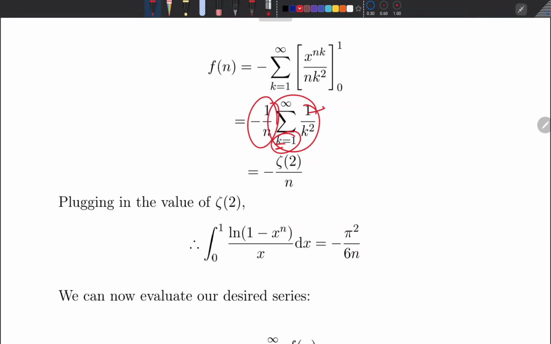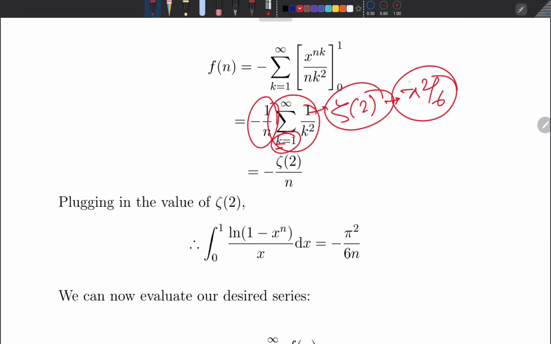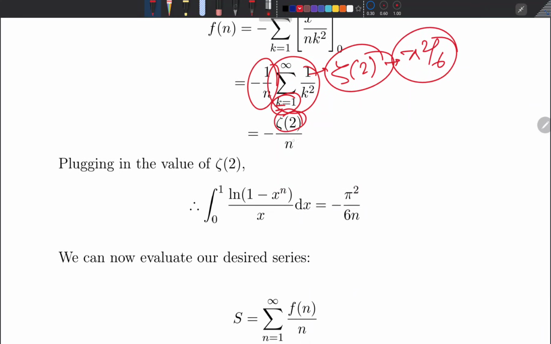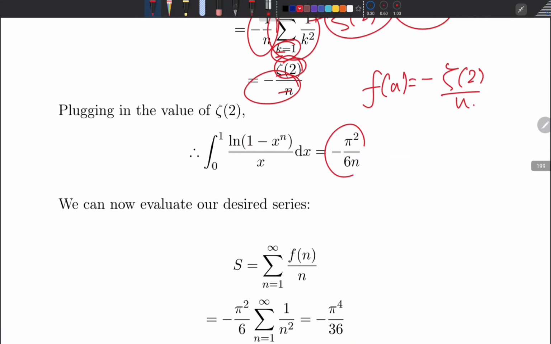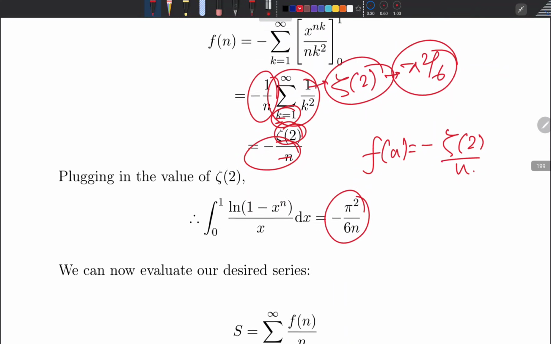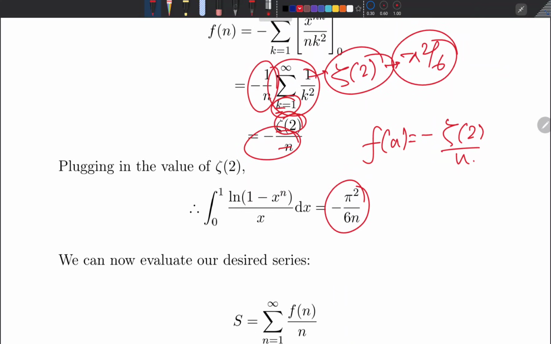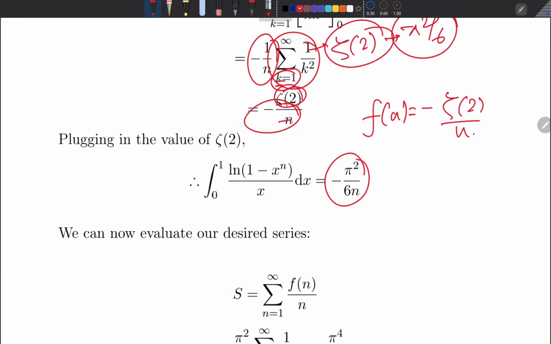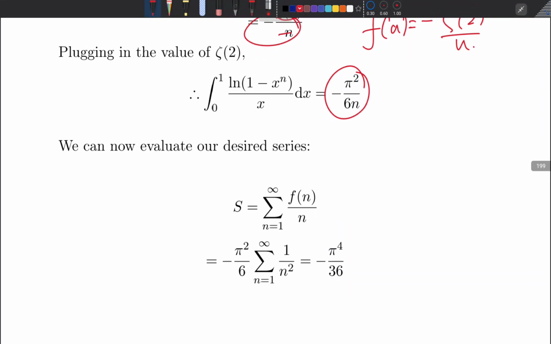Again, this part is your Riemann zeta of 2, which is pi squared over 6. So we have Riemann zeta of 2 over n. Your f of n comes out to be Riemann zeta of 2 over n, and plugging back the value of pi squared over 6, we get f of n as minus pi squared over 6n, right? So that's amazing, right?